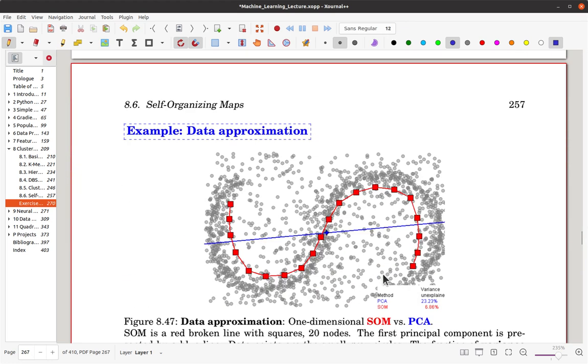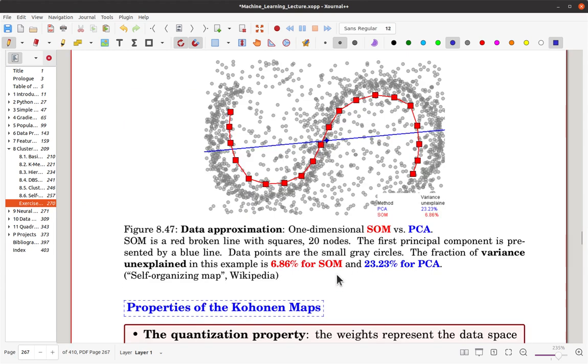This is one example of data approximation, and it's compared here. The blue line is the first principal component vector from PCA, and this red curve is for a one-dimensional SOM.